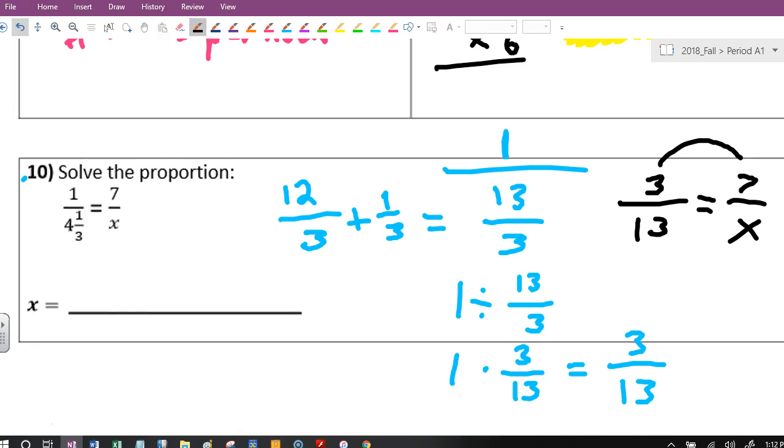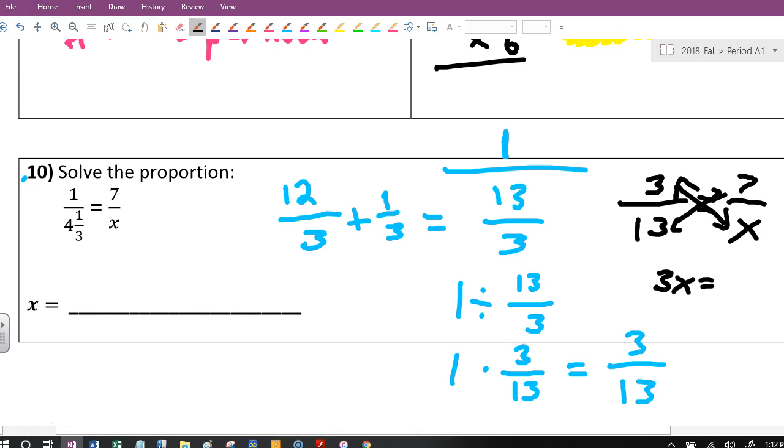But what we can do is cross multiply, right? 3 times x equals 7 times 13, right? So 3x equals 91. Divide by 3, divide by 3, we get x equals 30 and 1/3.